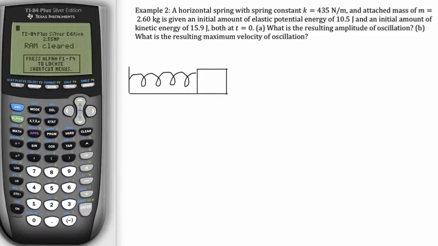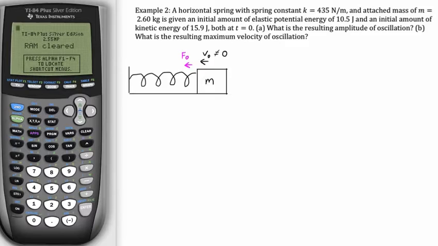Here's our mass, and there's a non-zero initial velocity, v naught, not equal to 0, because otherwise we would not have kinetic energy to start with. And then we also have some stretch, so we also have a force.